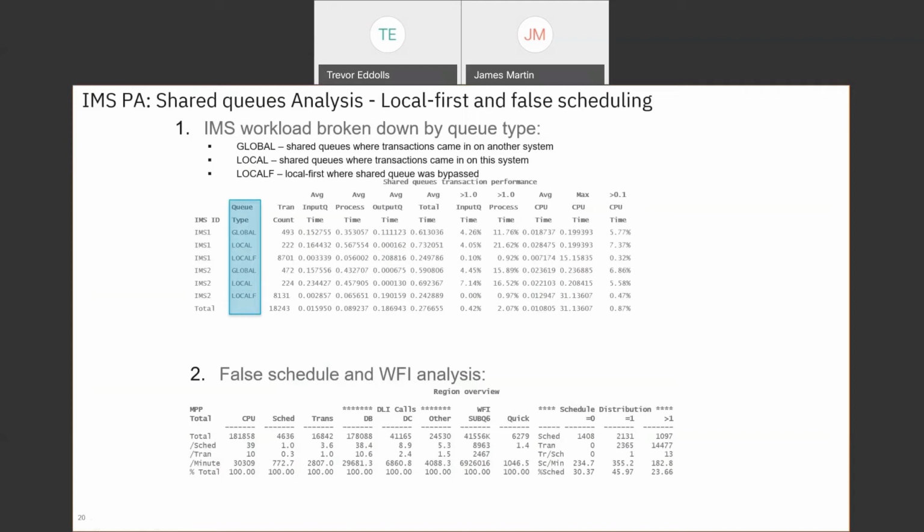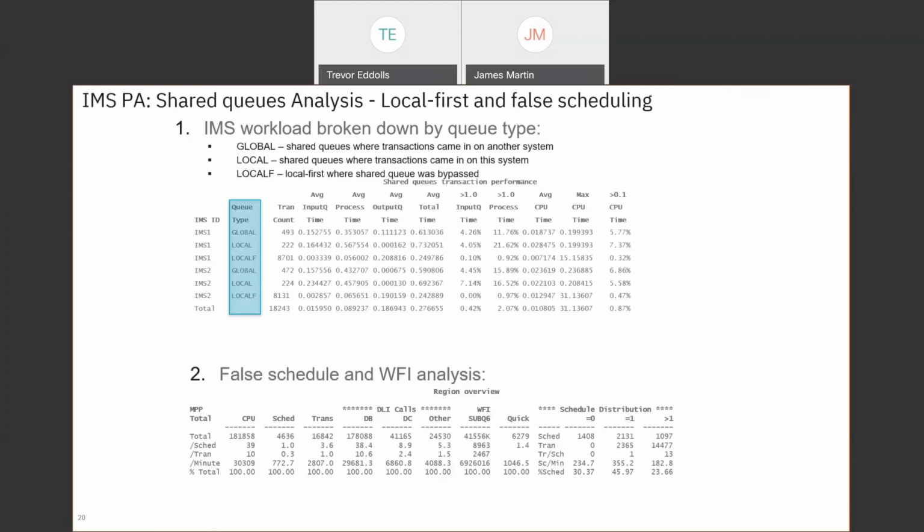So I might look at this report immediately and say, well, I'm not really using my shared queues environment to full capacity, unless those transactions running local first have to be run that way. But if I want them to be in the global or the local queues, I would really need to understand how my scheduling is working to understand why I'm not taking full advantage of my shared queues environment.